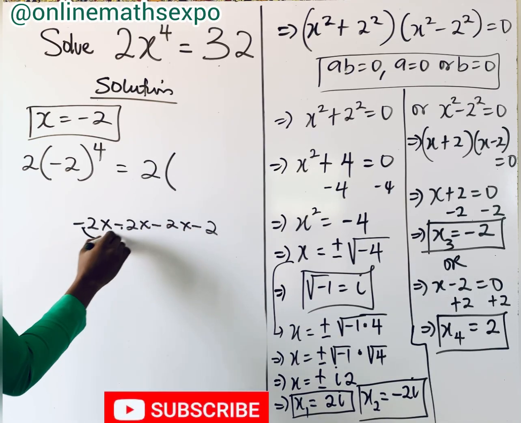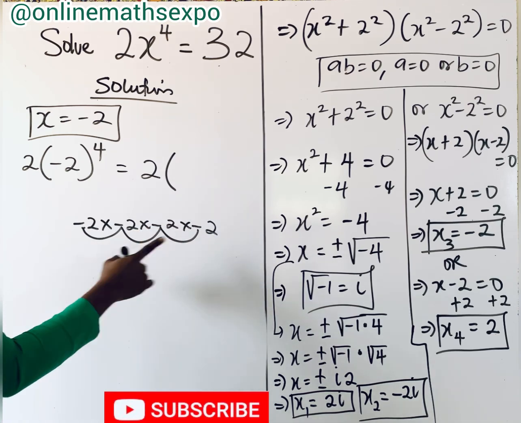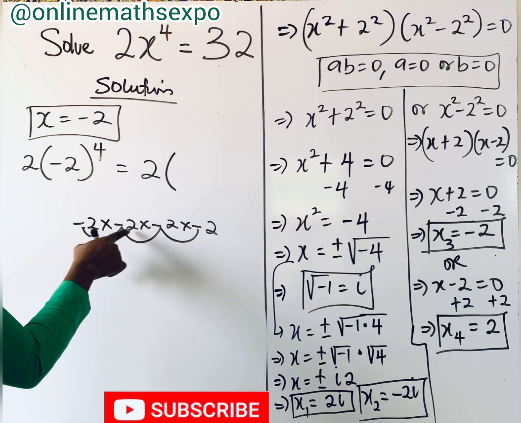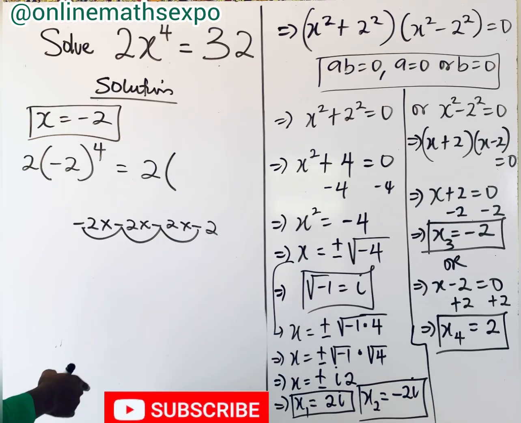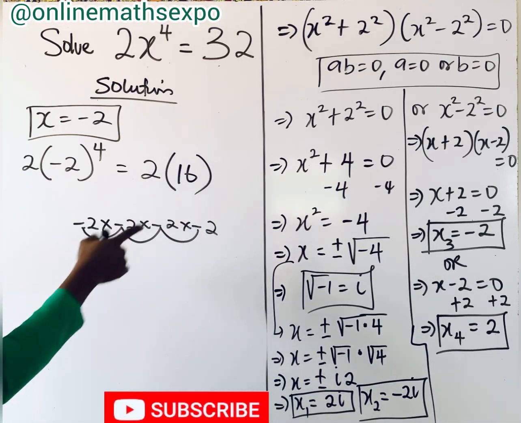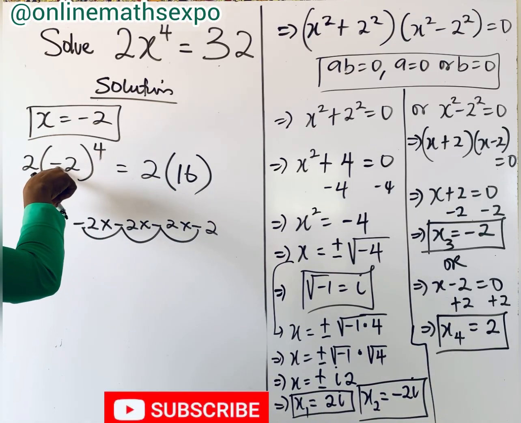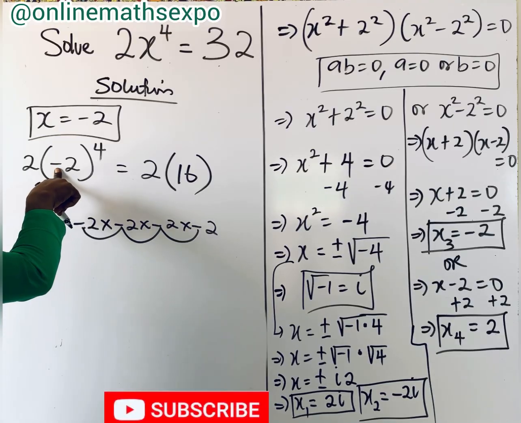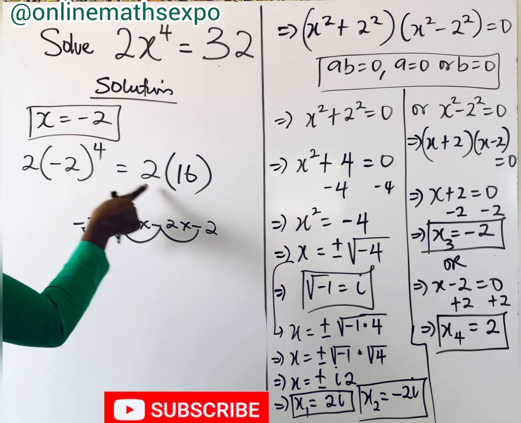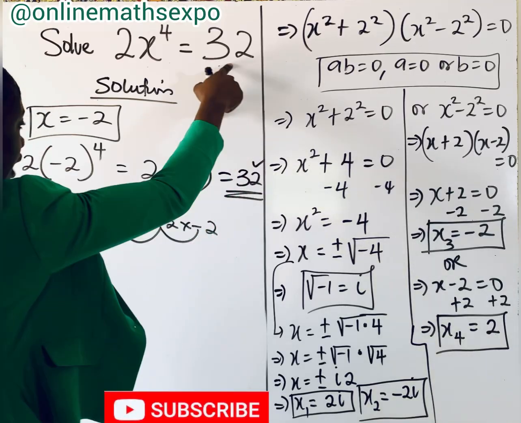Negative multiplies negative is positive, multiply is negative, multiply is positive. So you're having positive, 2 times 2 times 2 times 2 will give us 16. So you have positive 16. Also know that because the power is an even number, automatically the negative sign must surely be positive. I hope it's noted. So 2 times this gives you 32. So we have gotten 32.